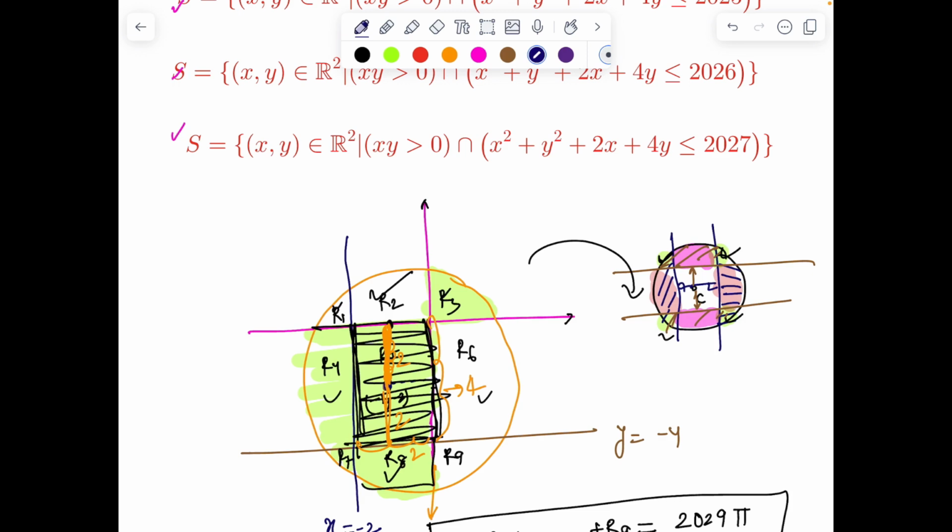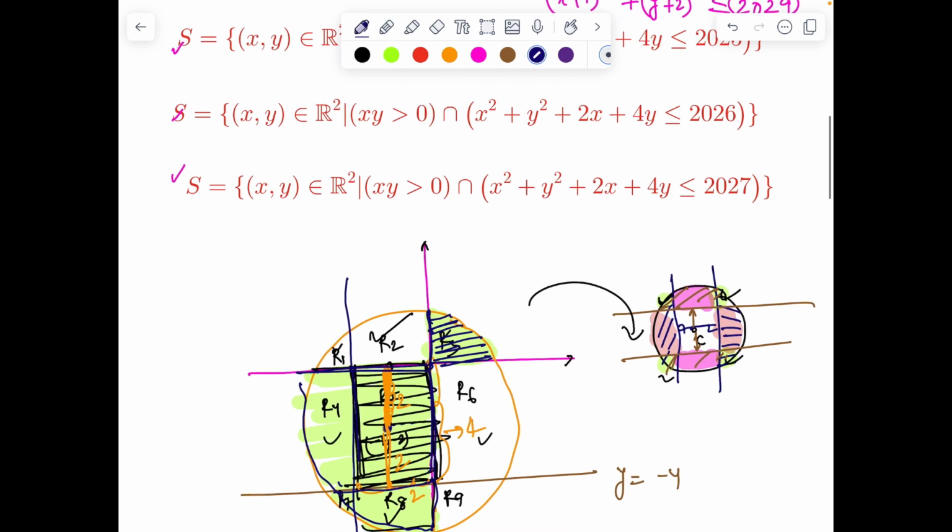Please, if you get any ideas simpler than this, write them in the comment section. Yes, integration can also be used, but that will be very difficult, because you have to integrate this portion, plus again this area, and you have to integrate this portion, or maybe out of the entire portion you have to throw away some portions. So that will become more crazy.